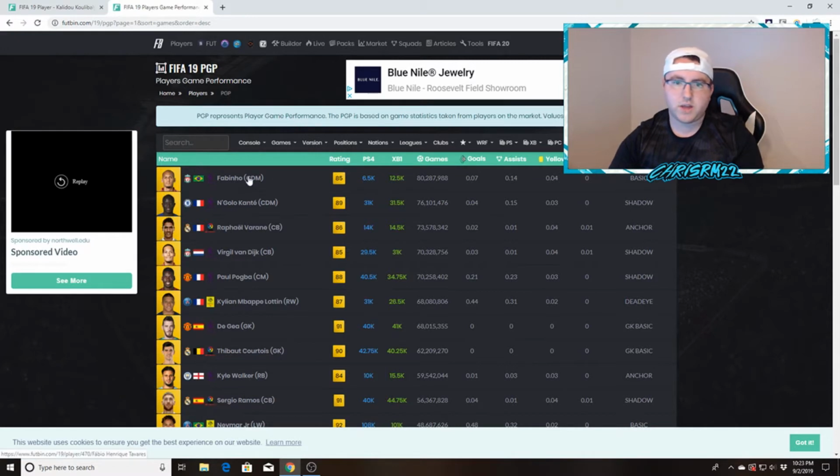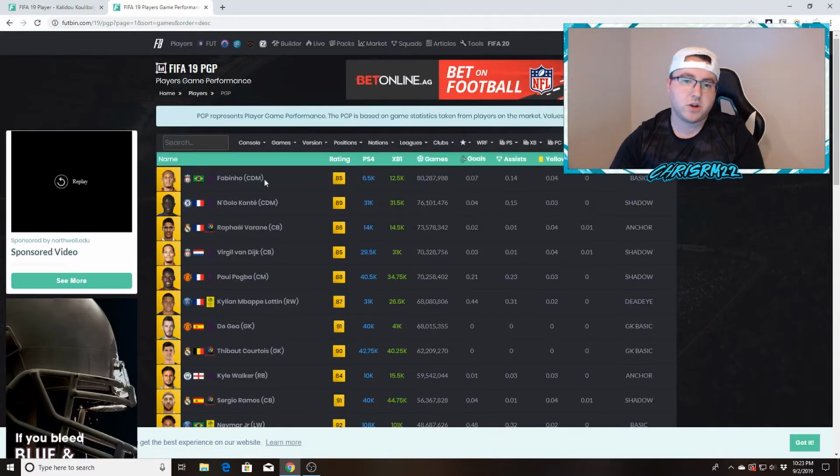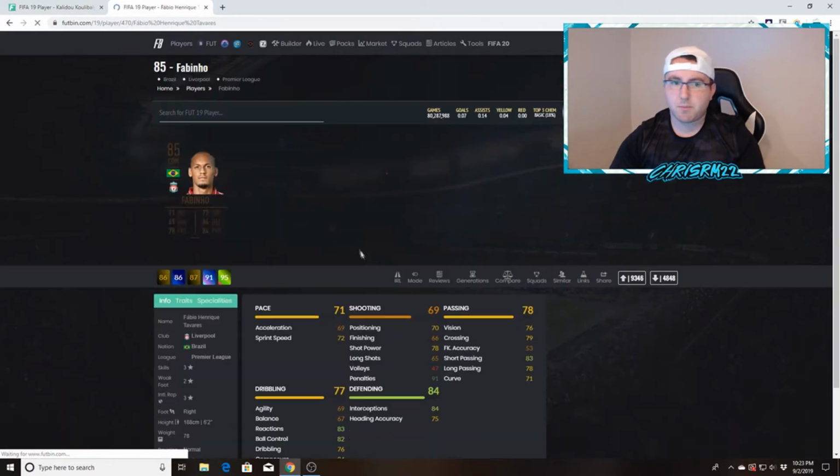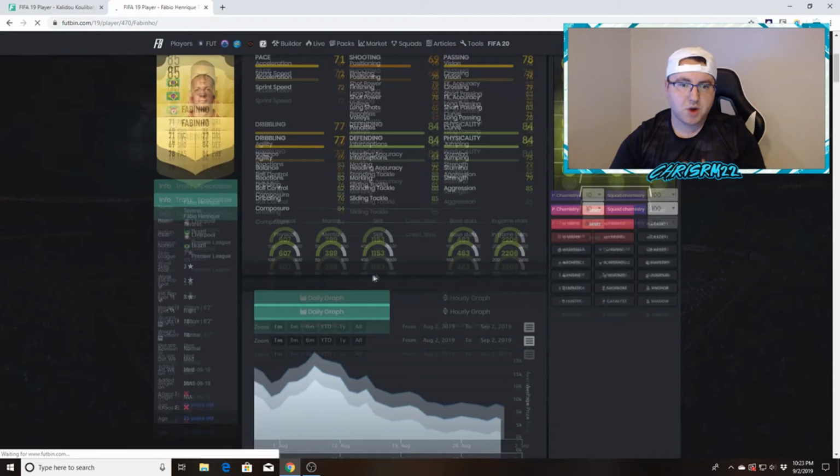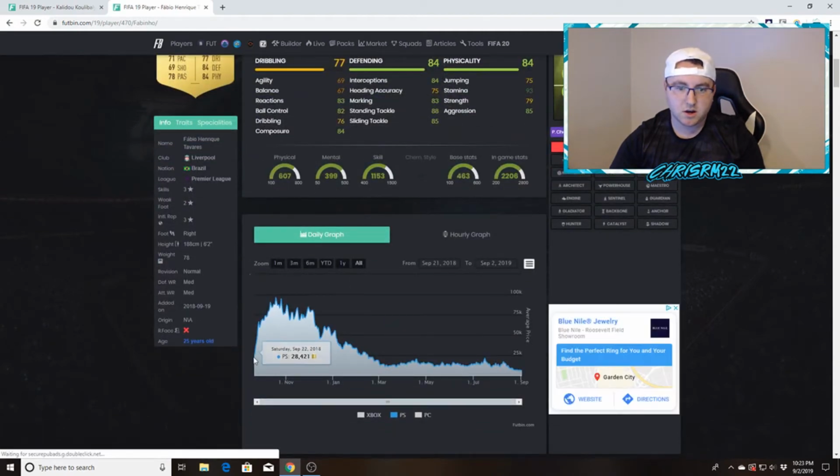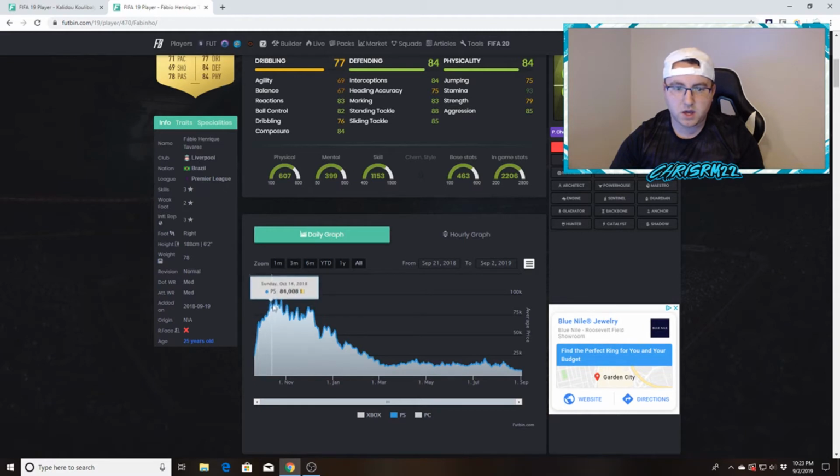Obviously there's no doubt, Fabinho was the most used card this year. 85 Brazilian CDM for Liverpool, had pretty good stats, especially early on. He had the most games played on him. So what ended up happening, I'm pretty sure with his graph, he probably flew in price over the course of the year. Yeah, and he did, exactly. The first day he was 24k, and then he flew all the way up to almost 100k.